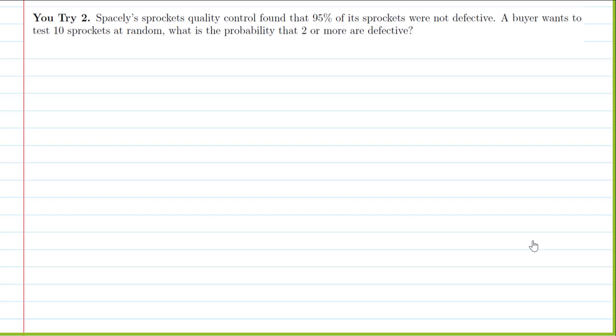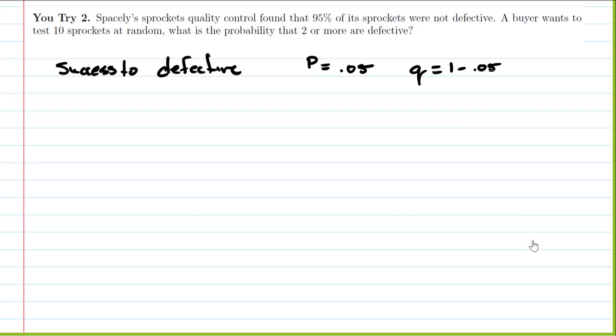So then we're going to define our success to be, well, there's more than one way to do this, right? So we're going to define success to be defective. And so then what's our probability that it is defective? 0.05. So then Q is going to be 1 minus 0.05, which equals 0.95, right?